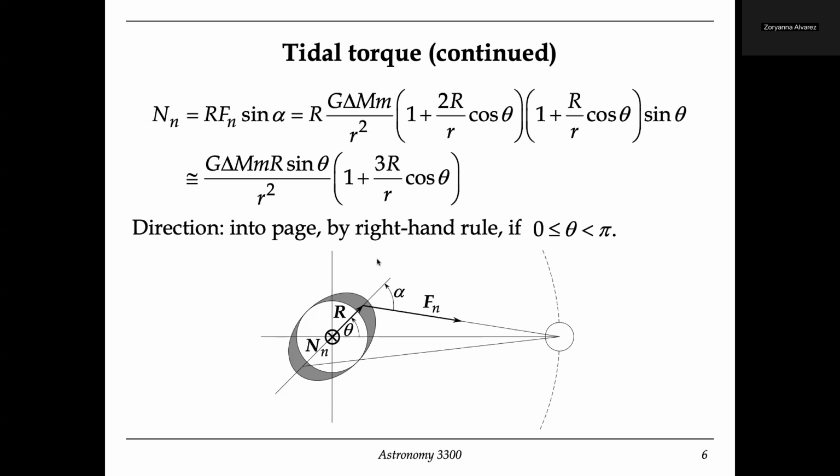Let's write that the near torque is alpha times 1 plus 3 R over little r, cosine theta.